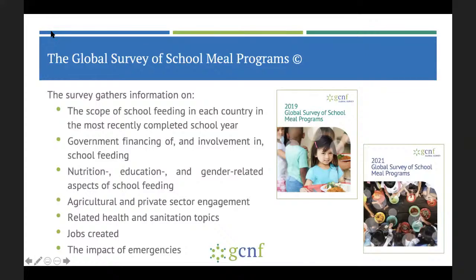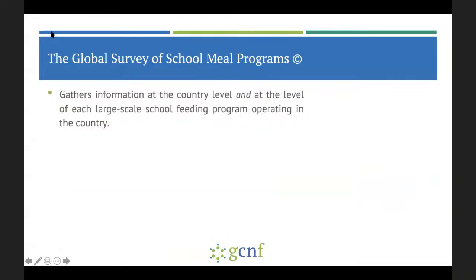The survey covers topics around health and sanitation. It captures the number of jobs that are created through school feeding programs, and it also covers the impact of emergencies such as the COVID-19 pandemic. So the inaugural year of the survey was 2019, and the second survey wave is 2021.